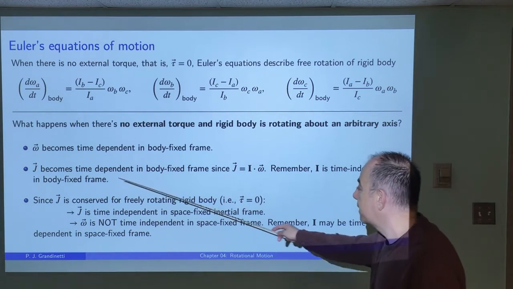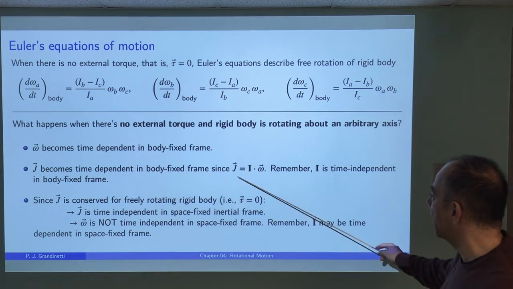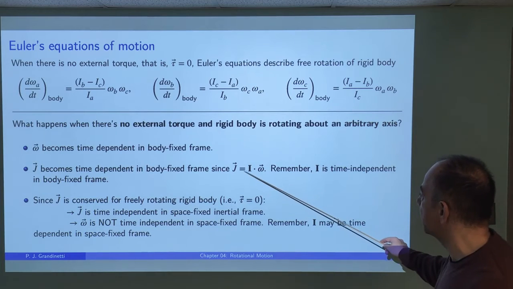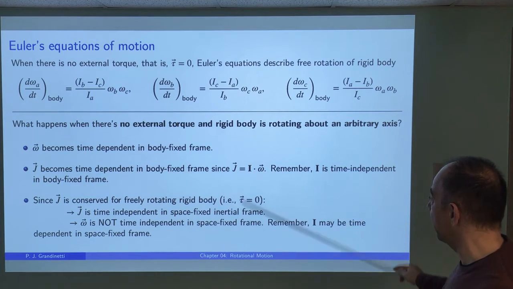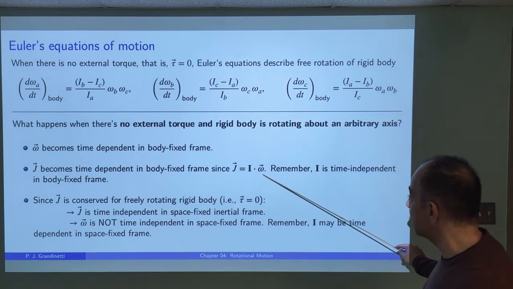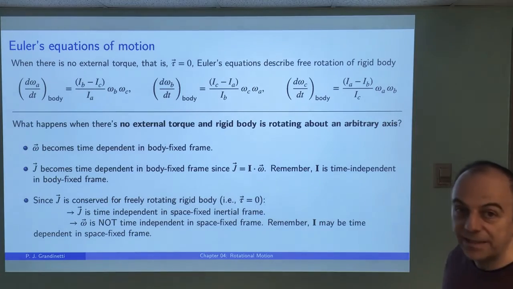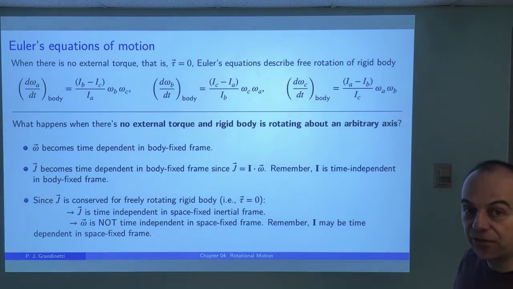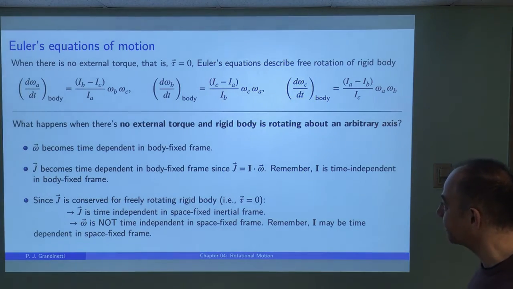And since J is related to the angular velocity by J is equal to I dot omega, and I is time independent in the body fixed frame, that means if omega is time dependent, then J is going to be time dependent in the body fixed frame. Okay?